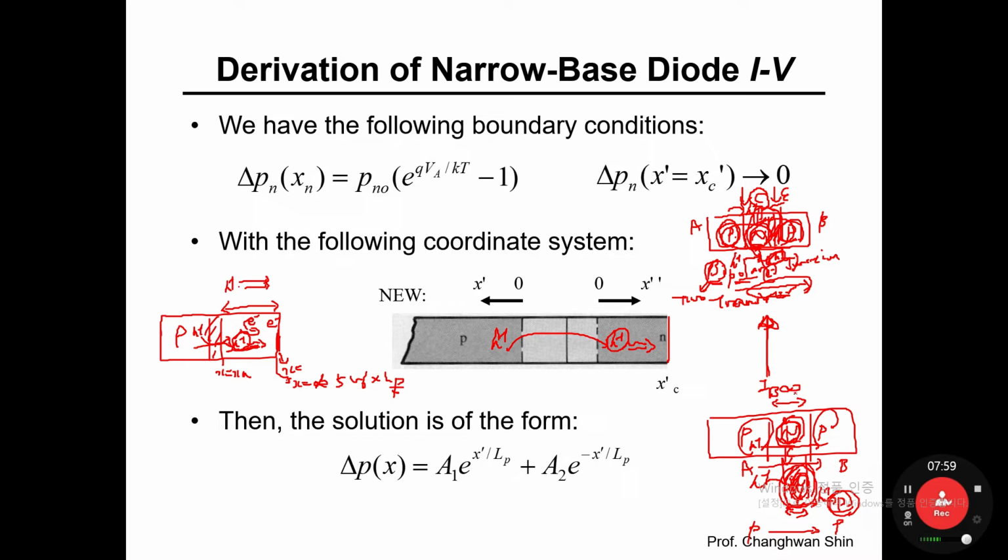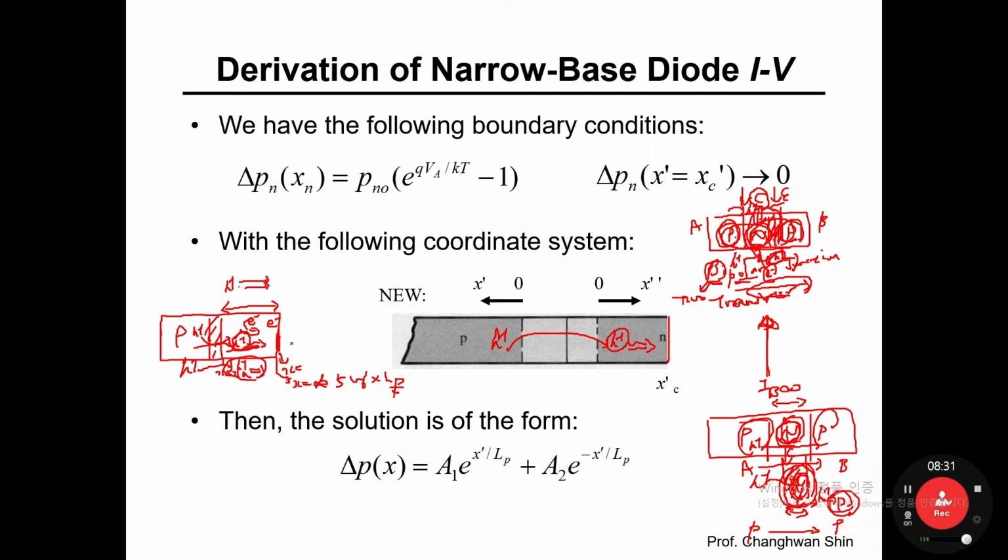So now we should modify the boundary condition for deriving the IV characteristic. Previously, when we were doing the analysis for the ideal diode current versus voltage plot, all the injected holes should be fully recombined with electrons in the n side.